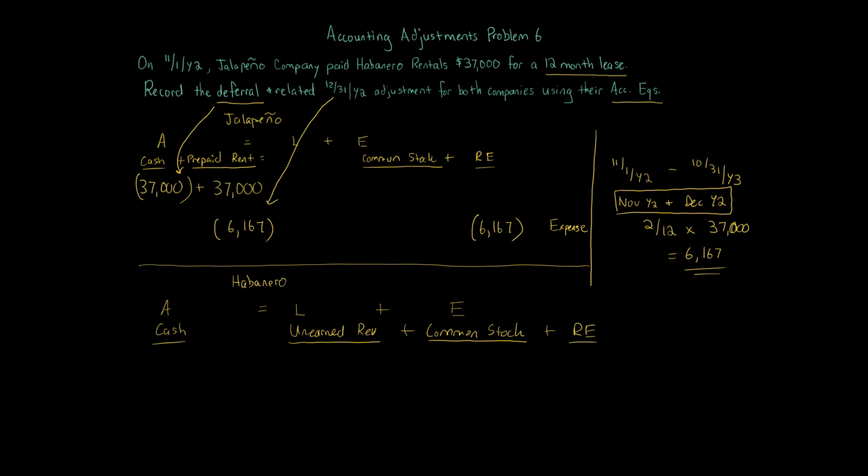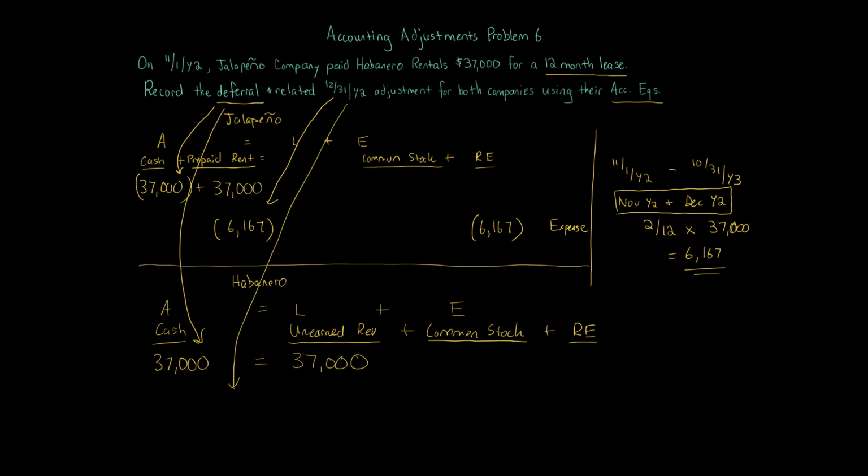That is considered an unearned revenue, which is a liability. So at the time of the record of the deferral, Habanero receives $37,000 cash, and then also records a liability, unearned revenue of $37,000. Now, when 12/31 Year 2 rolls around, when 2 months worth has been extinguished, does cash change?